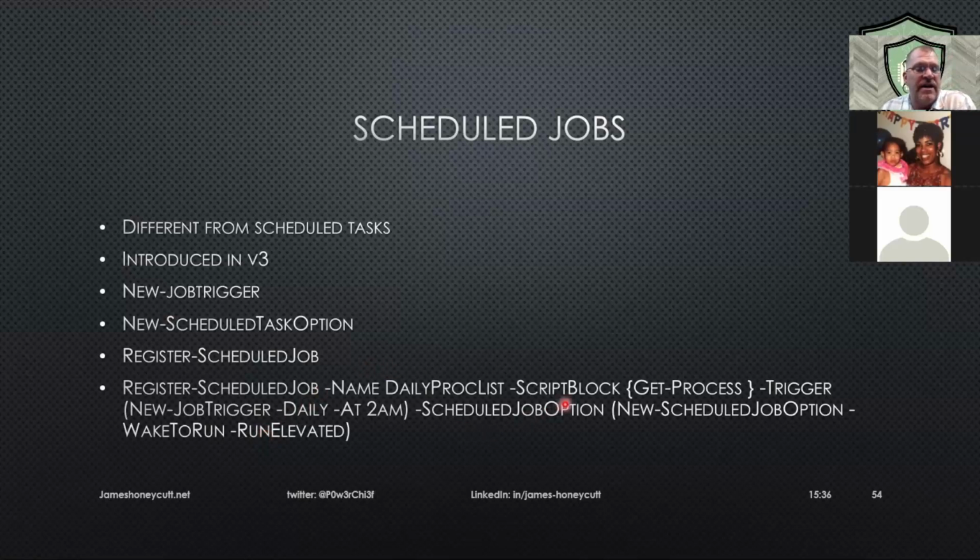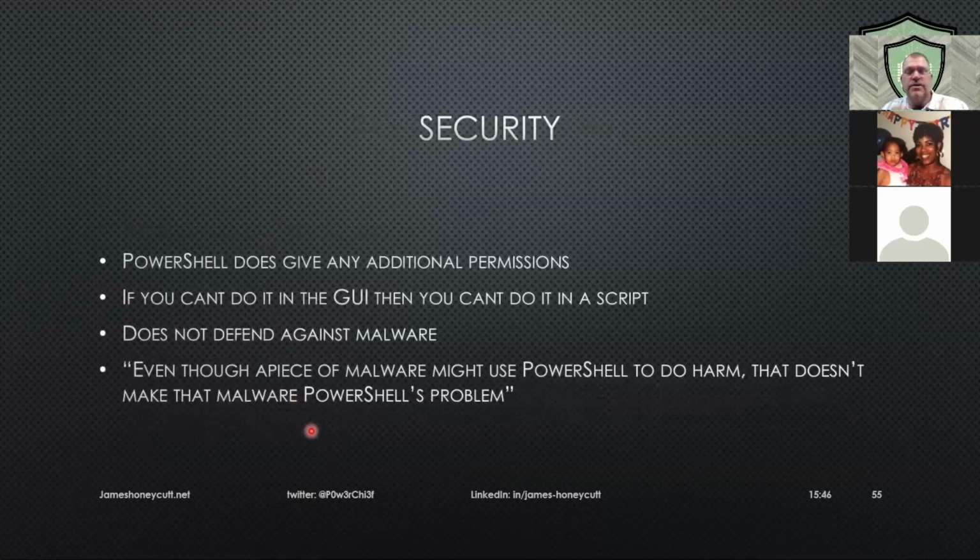This is one I actually used one time. I think it was during my red teaming event. I actually did that. So let's talk about the security of PowerShell. Prior to version 3, there was no security. Version 3 implemented some.